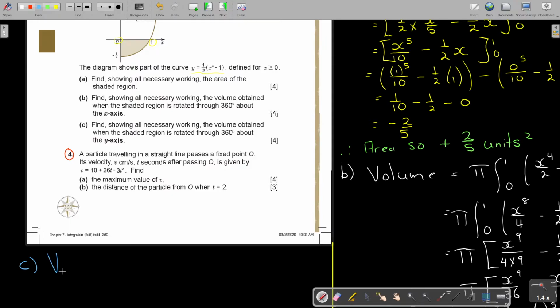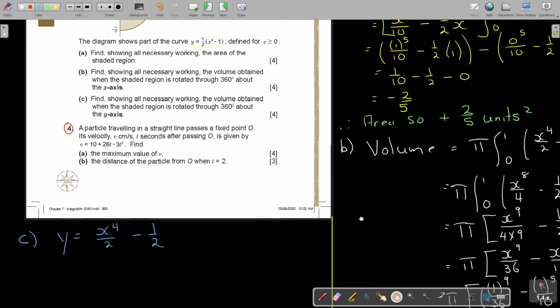Now before we start there, just take the formula. Now, always remember, if you take this formula, it's going to be y is equal to x to the power 4 over 2 minus. You must make now x the subject of the formula. Okay, now let's do this. Now, if I'm going to get that, this is going to be 2y.